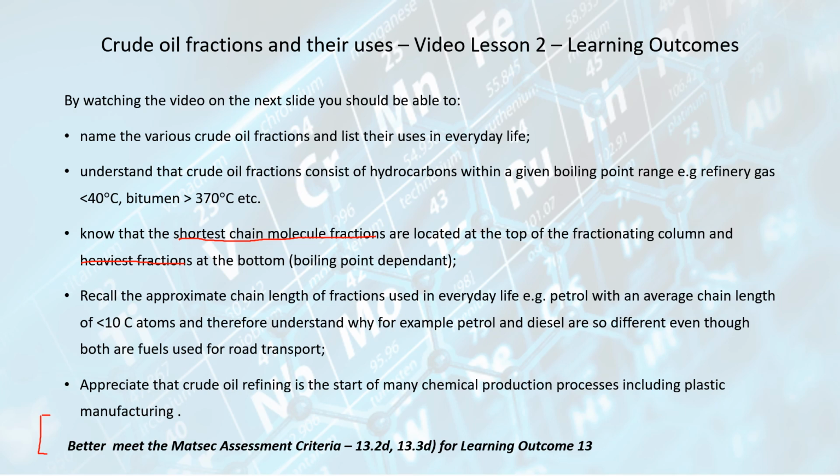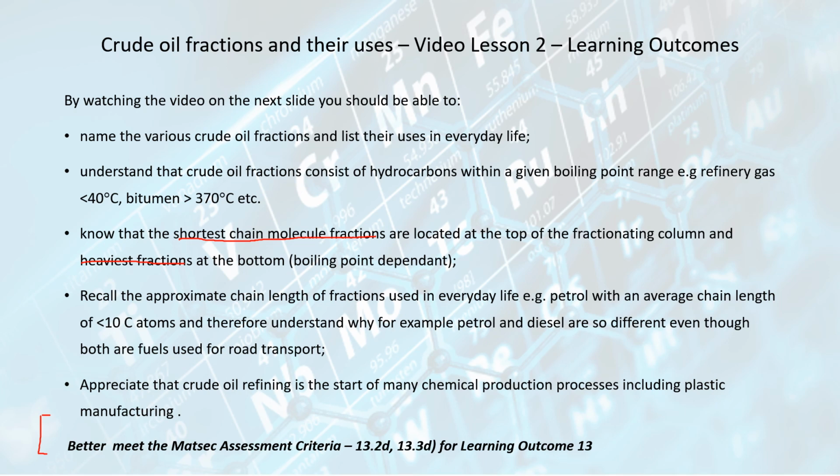When you see the video, you will be able to understand that the approximate chain length of fractions used in everyday life is very different. Okay, so from the next fraction, if we had to look, for example, at the fraction which is linked to petrol, the average chain length would be on average less than 10 carbon atoms.